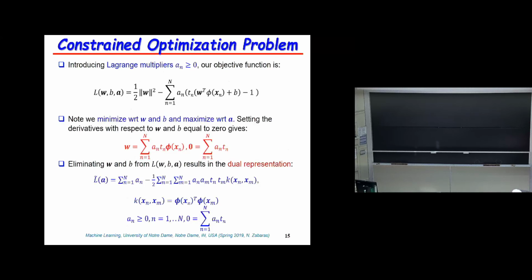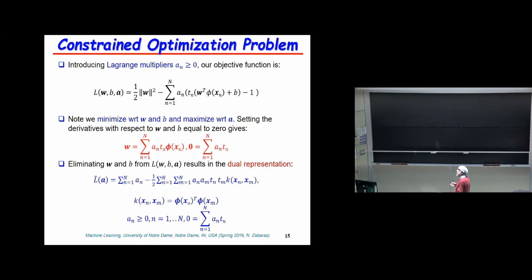So if you plug this into the objective function, even the b will disappear, because you can see here the b term involves the summation of alpha_n t_n, which is 0, and then you plug in w, and you use the kernel definition. What you get is a very nice quadratic function for the parameters alpha, the Lagrange multipliers, with two constraints.